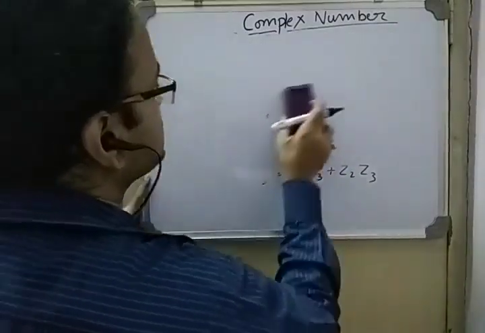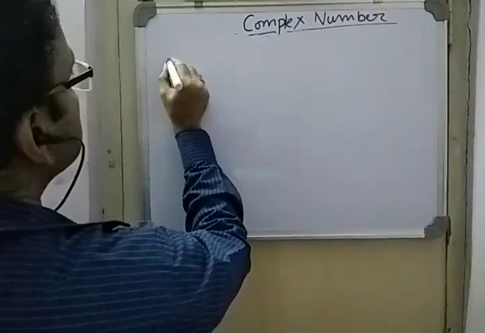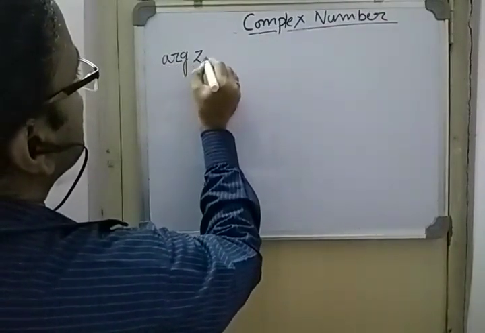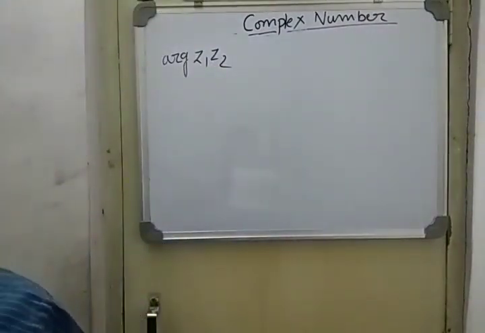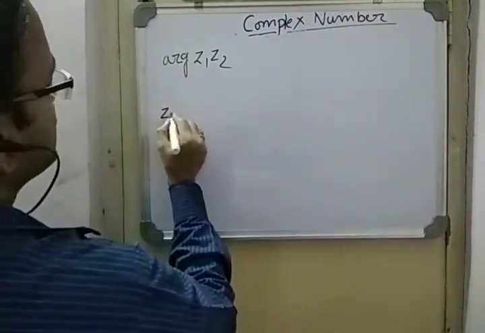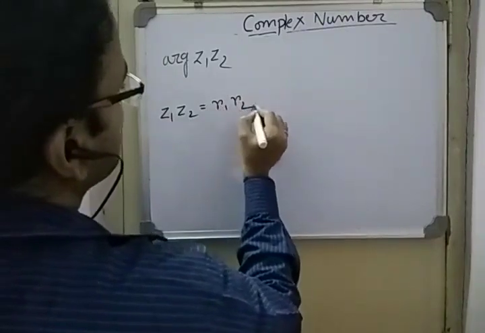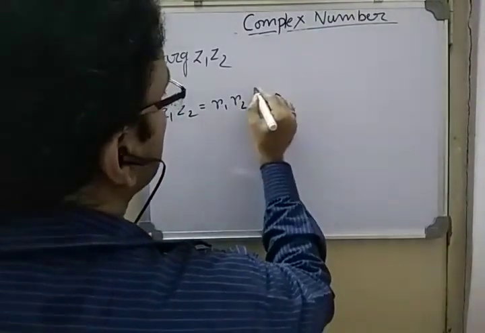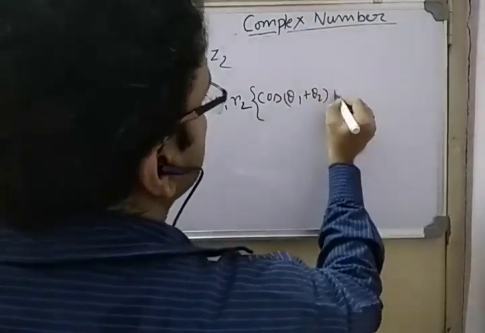We will see some special cases, one special case of principal value. Argument of z1 z2 is what? When we multiplied z1 and z2, we saw that it came like r1 r2 into, in multiplication angles got added, okay?